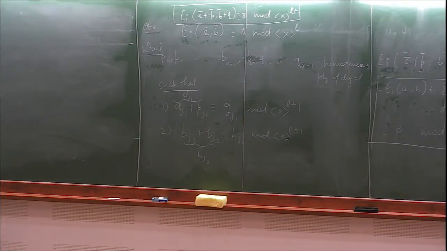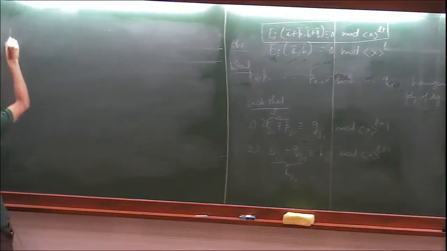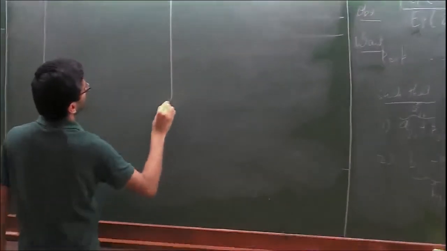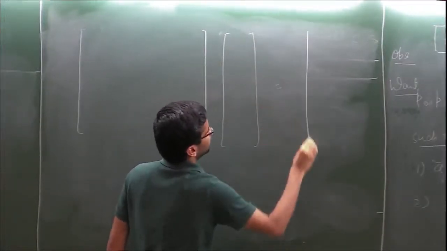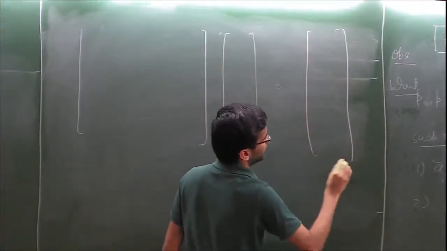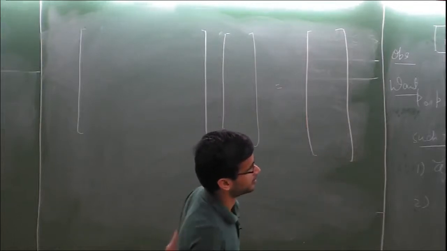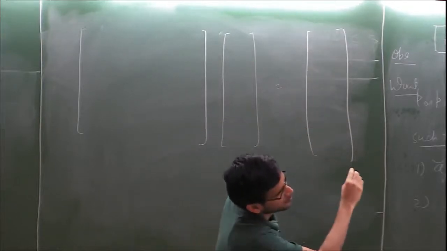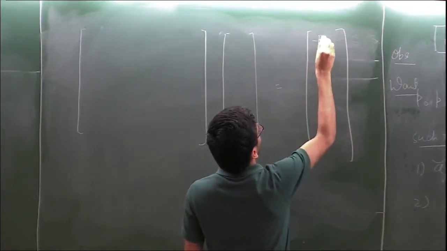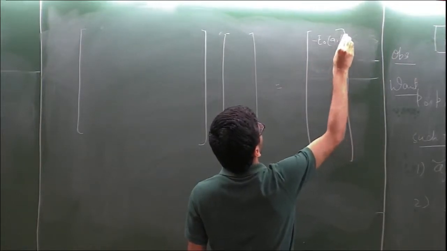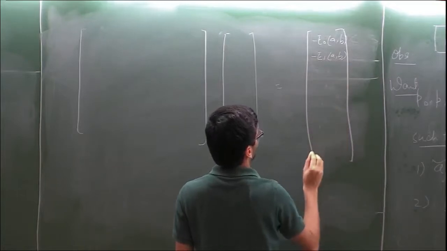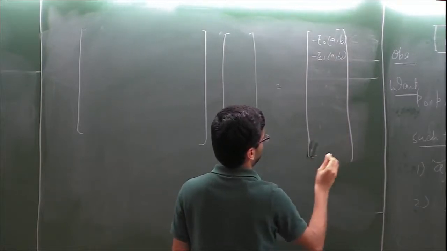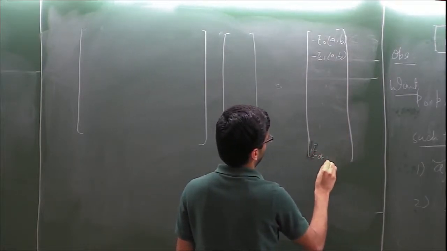So we have a matrix times a vector equals another vector. So we know what this vector is. This is maybe with a minus sign: E_0 of AB, E_1 of AB, up to E_{D-1}.